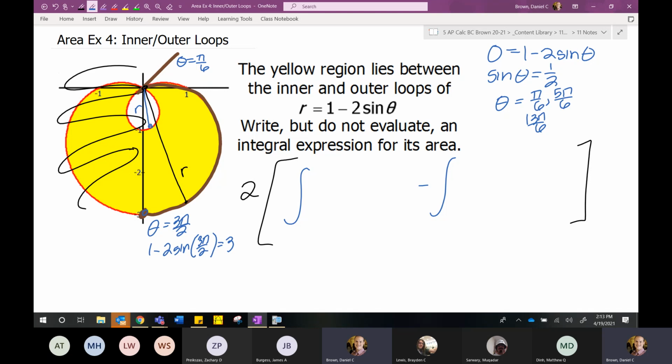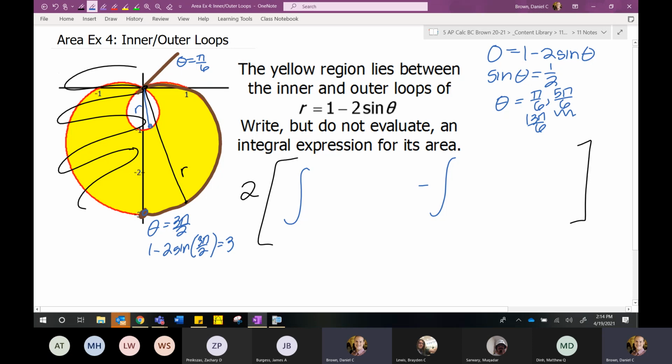So now we have a dilemma. This is 3 pi over 2 to pi over 6. In general, we want our angles to be as close as possible. I know that if I'm looking at 3 pi over 2 to pi over 6, in that order, it crosses over 5 pi over 6. And weird things can happen when you cross the origin, like r can change signs from negative to positive.